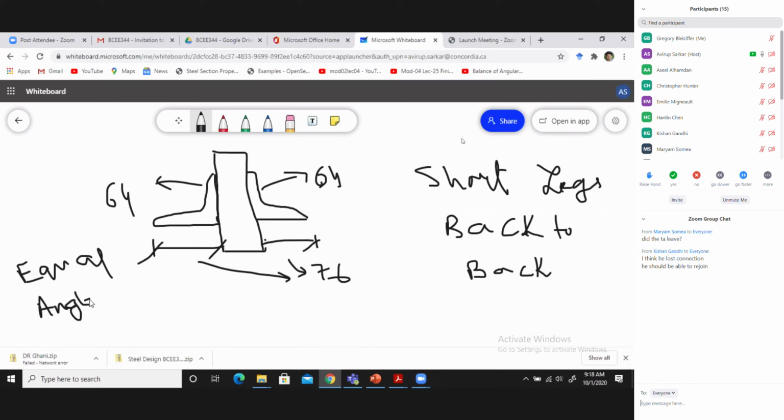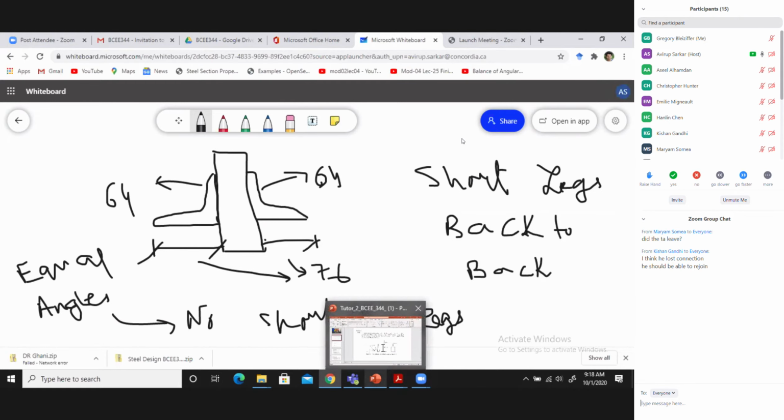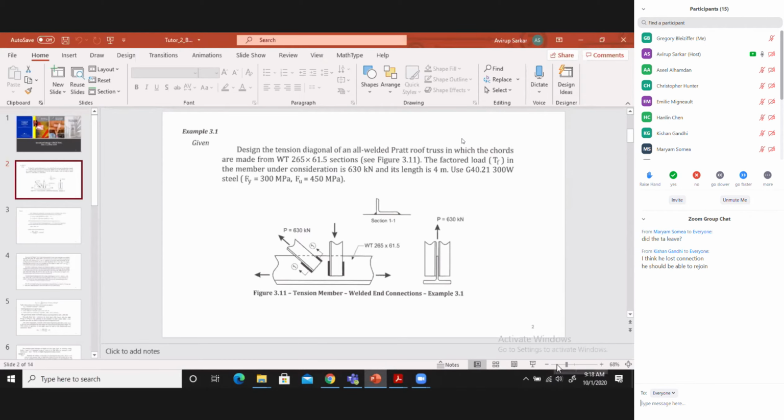Equal angles, no short or long legs. So if the 64 and 76 sides were both equal, there would be no question of short or long legs. Okay. So this was just explaining the basic terminology. I will just refer to the steps once more.